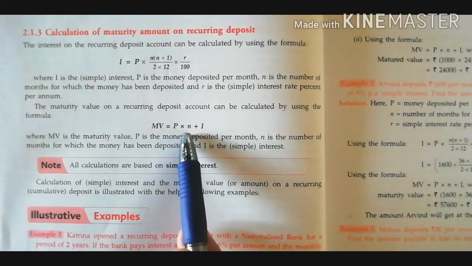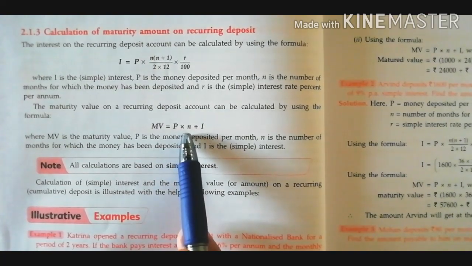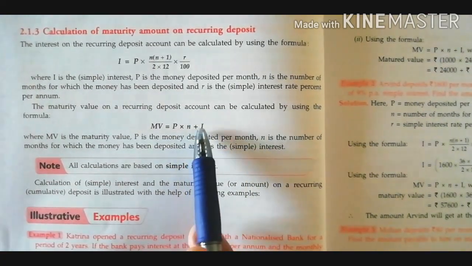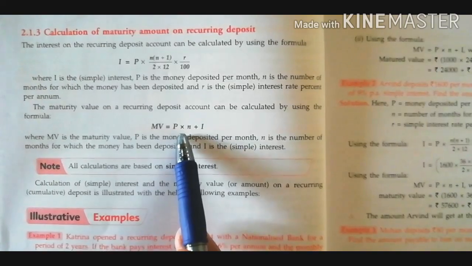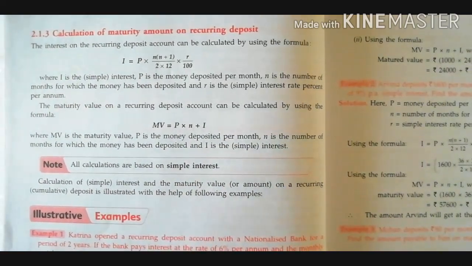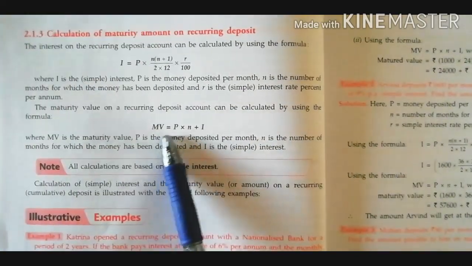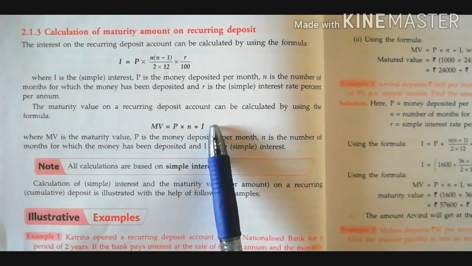So P into N gives the total amount of money we are depositing, plus its interest. The total amount is the money we deposit plus the interest we get at the maturity period. So maturity value is equal to P into N plus I.